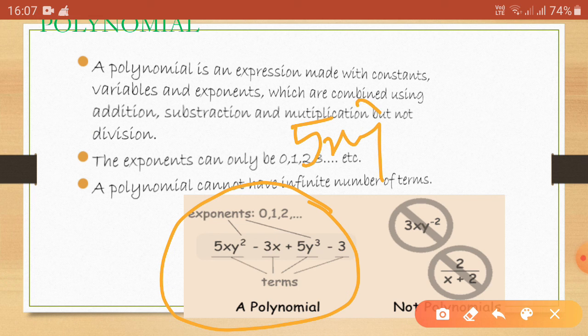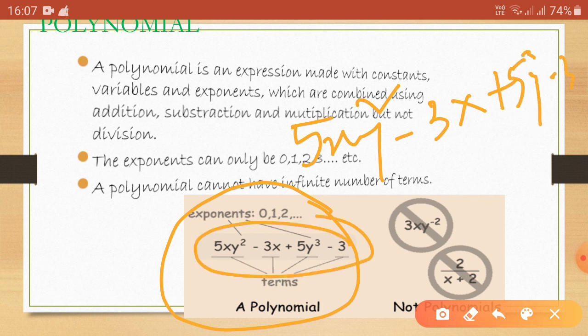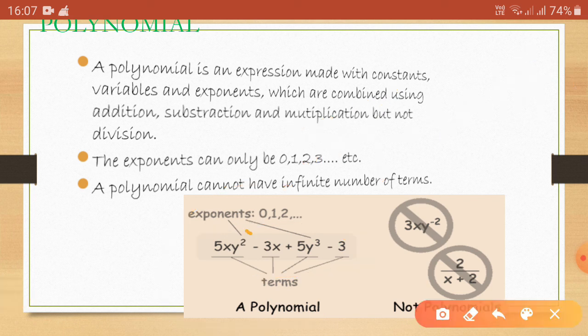Expression is 5xy square minus 3x plus 5y cube minus 3. Okay, as shown here. So here these are known as the terms. Okay, 5xy square, 3x, 5y to the power 3, and 3.